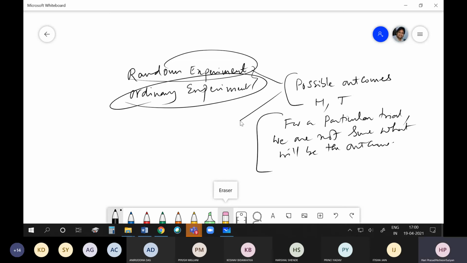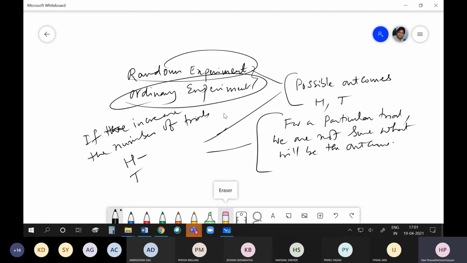And one more characteristic of this random experiment is that if we increase the number of trials, what will happen? Let us say I do this for 30 times or 40 times. The number of heads will be tending to what?